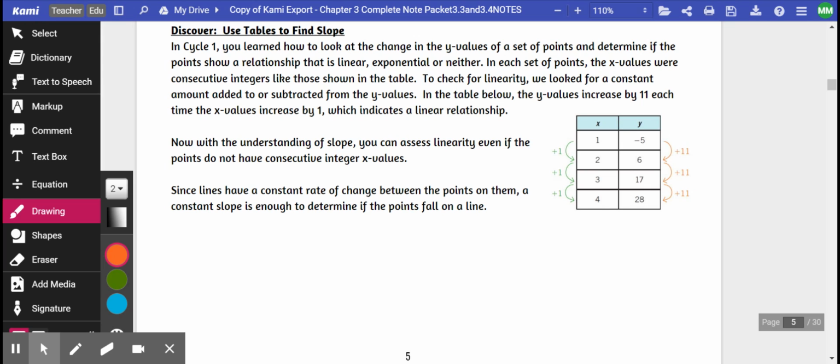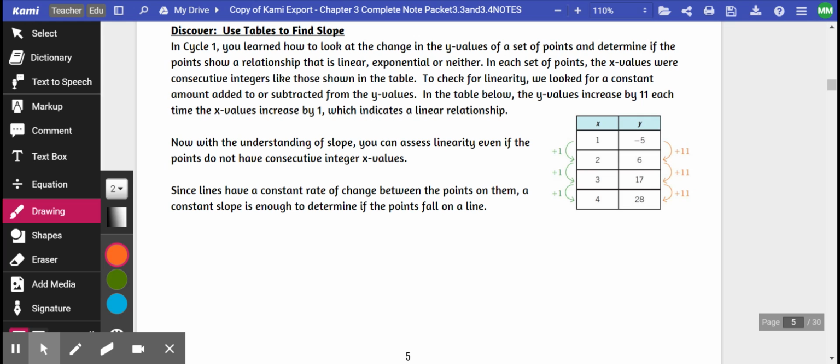And this table shows that same kind of thing. To check for linearity, we looked for a constant amount added or subtracted for the y values. In the table below, the y values increase by 11 each, and they do that as all of the x values increase by 1. This indicates a linear relationship.